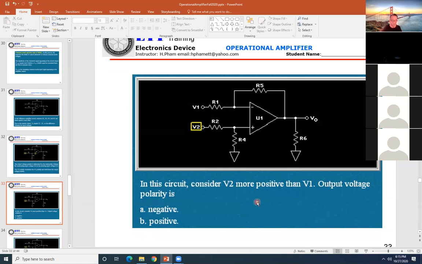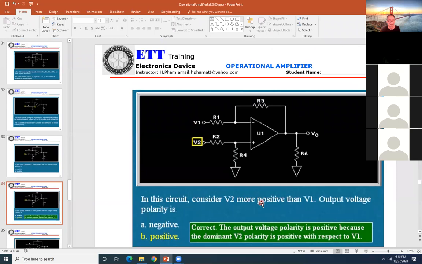Which one? Negative. Yeah, A. It's inverting. Consider V2 more than V1. Output voltage polarity, oh, then B. Yeah, I'm sorry, B. Polarity is supposed to follow V2.